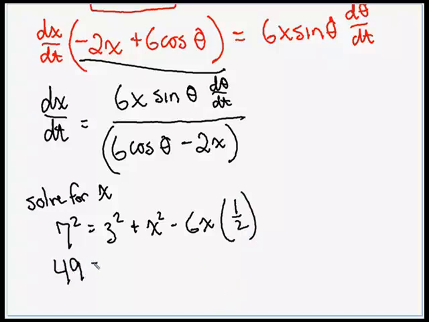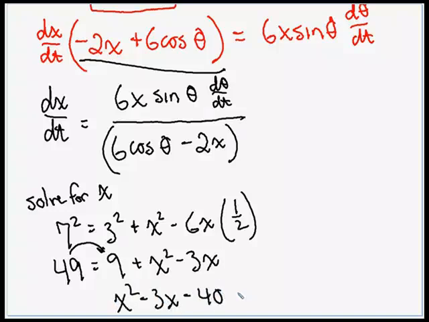So we have 49 equals 9 plus x squared minus 3x. We're going to get everything on one side: subtract 49 from each side, and then we'll have x squared minus 3x minus 40 equals 0. So we need to factor x squared minus 3x minus 40.